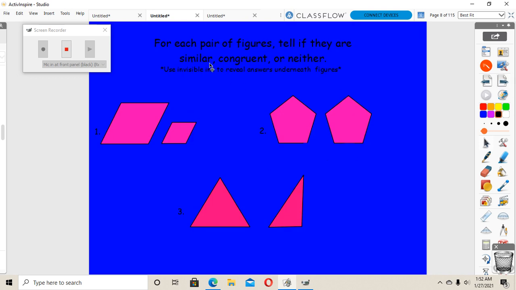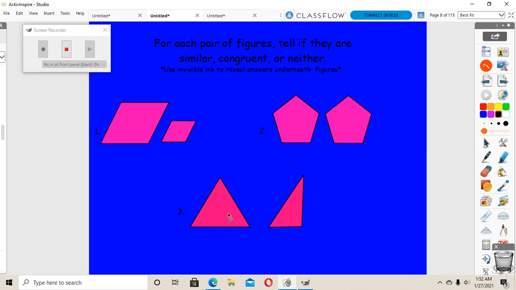For each pair of figures, tell whether they are similar, congruent, or neither. If we check figure 1, these two figures are similar because their sides are proportional. Here the pentagon and the pentagon are exactly the same, congruent.